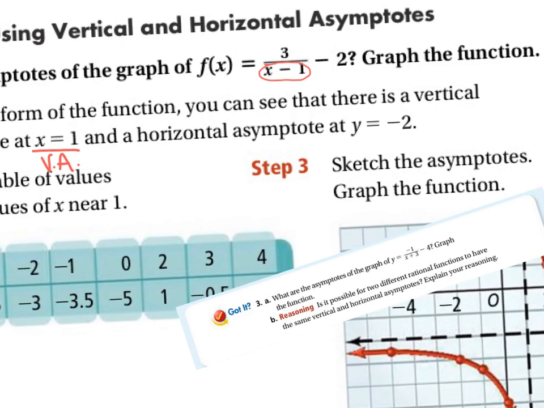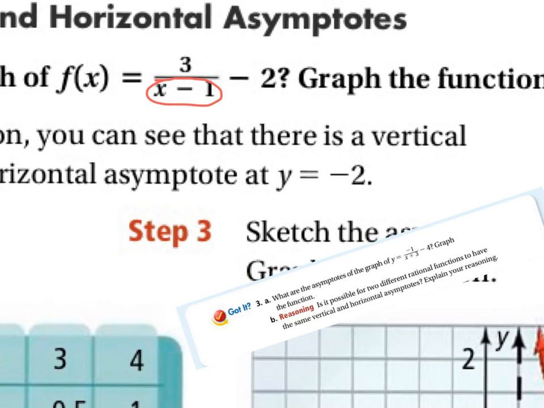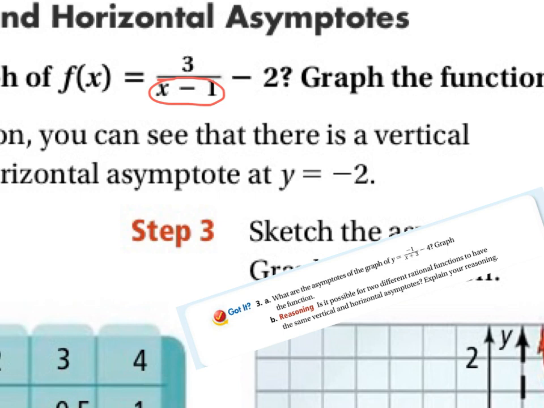And then the horizontal asymptote, right off the bat, they switch things up on us. So from that concept summary box, remember it said plus c. This one is minus. So if you just add the opposite there, make it to where it is addition, then you can see that would be y equals negative 2.